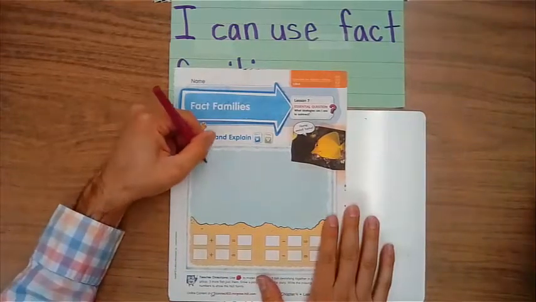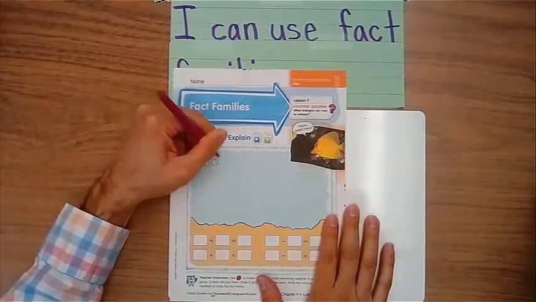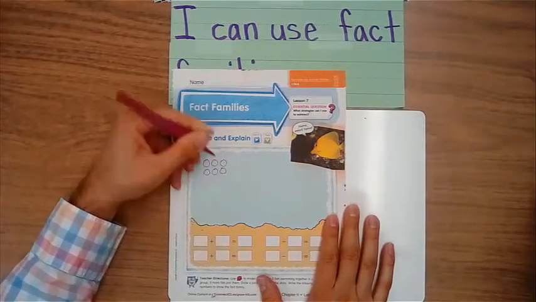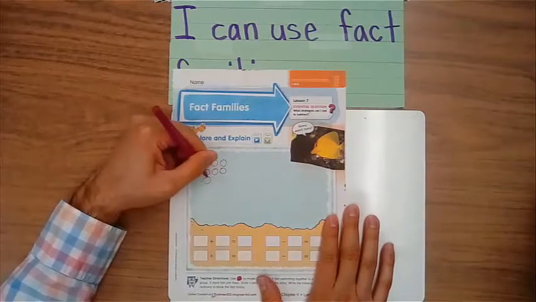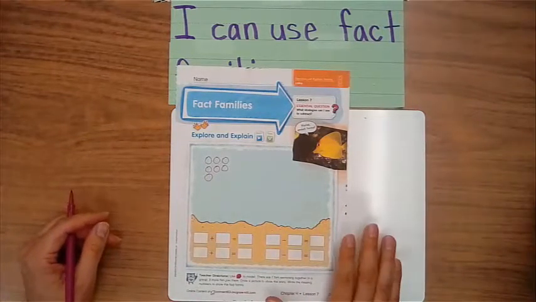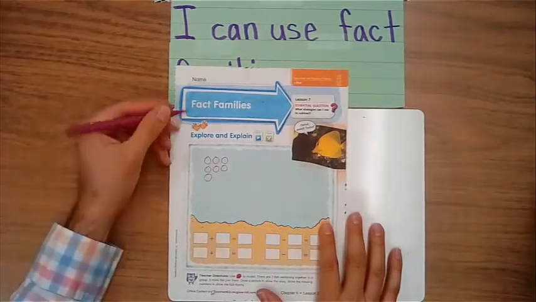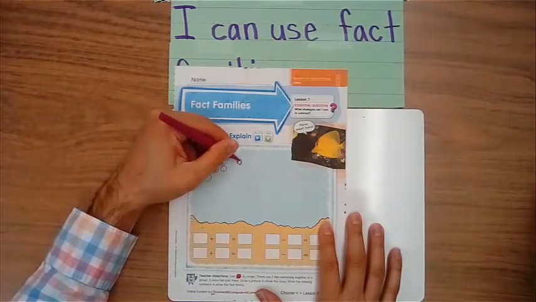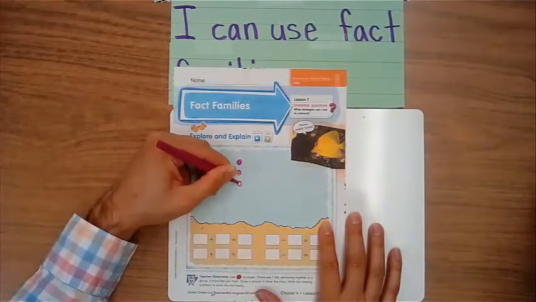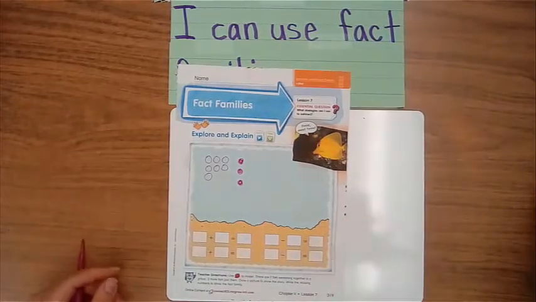So I'm going to make some fish. 1, 2, 3, 4, 5, 6, 7. Okay, so that's 7. And then 3 more join them. Okay, so I'm going to make 3 more. 1, 2, 3. I made 3 more.